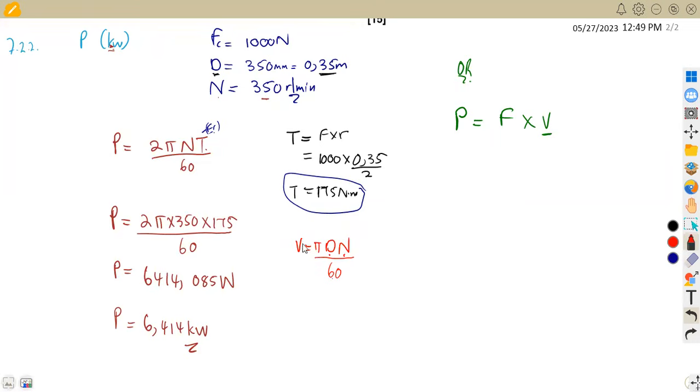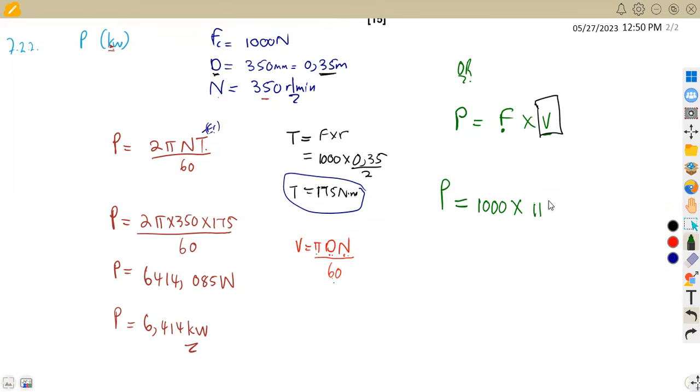So meaning to say we can calculate this V that we need here by this formula. So meaning we can simply substitute our formula. P is equal to F, which is the force of 1,000. So this is going to be 1,000 times our V. And this V that we are talking about is the same V that we said is going to be pi dn over 60.